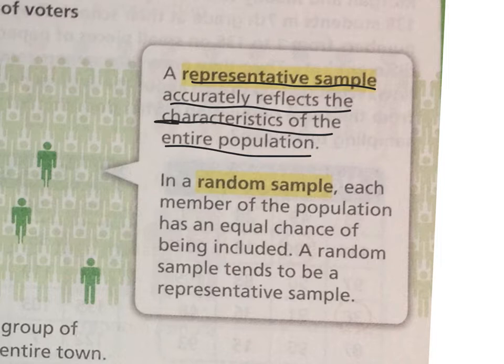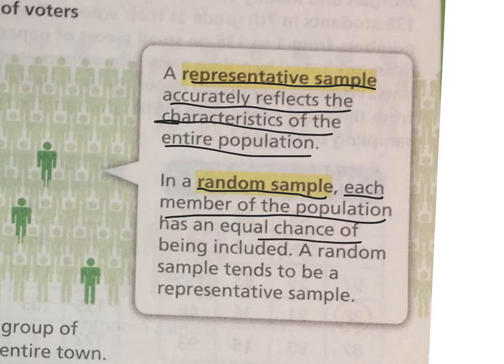So if we're asking a good representative sample of people, then we're expecting that that's going to reflect how everybody in the whole population would think. A random sample: each member of the population has an equal chance of being included.